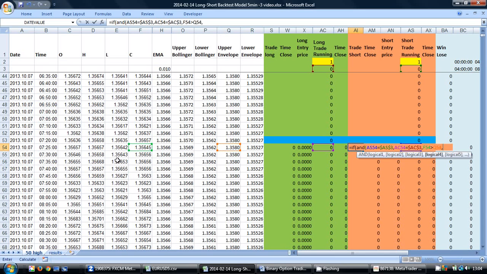I'm going to make sure that the high is also greater than our upper Bollinger, and finally I'm going to make sure our close is lower than our upper Bollinger, and not quite finally I'm going to make sure that the open is lower than our close. If all of these criteria are met, I'm going to tell it to put in short, and if not, I don't want it to put in anything.